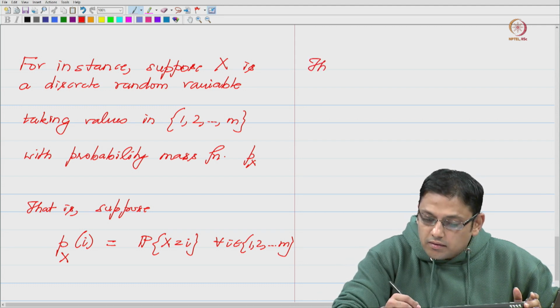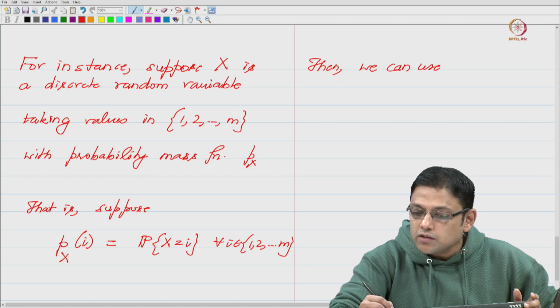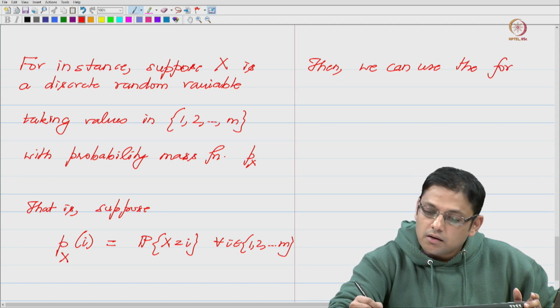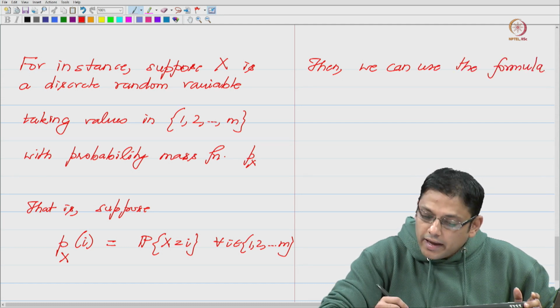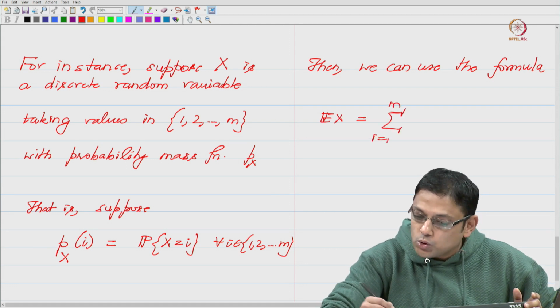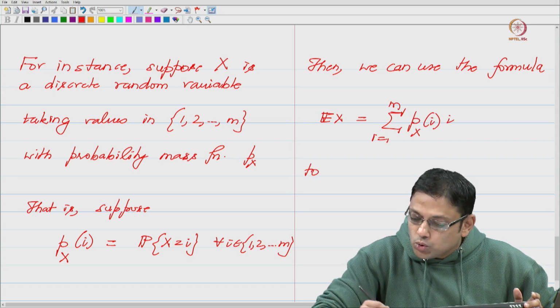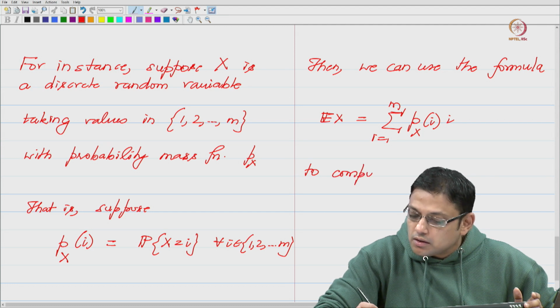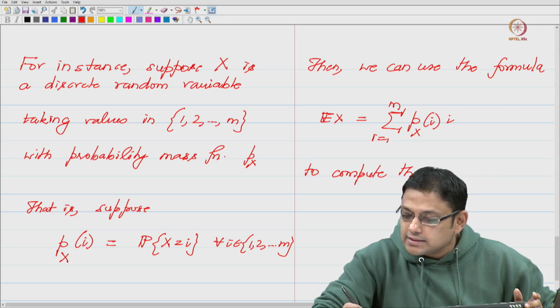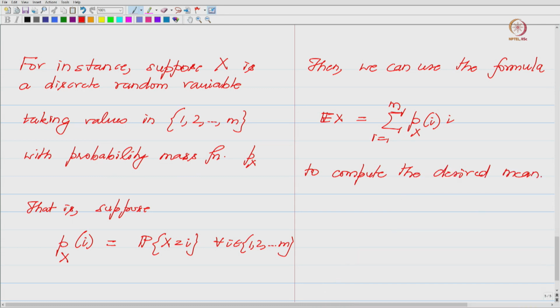Then we can use the formula expected value of x equals summation i equals 1 to m p subscript x of i times i to compute the desired mean.